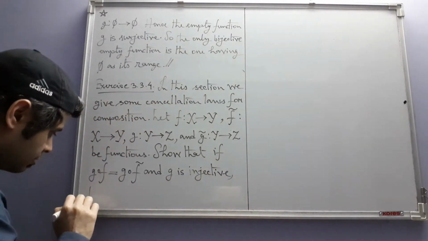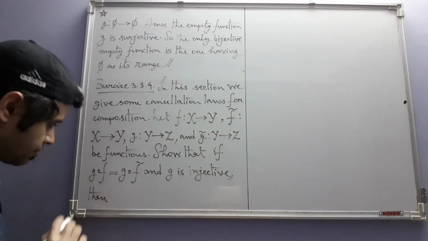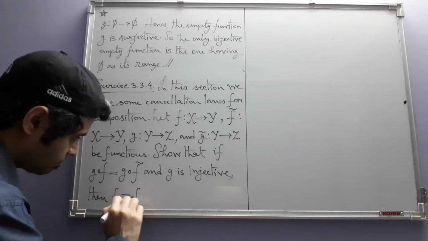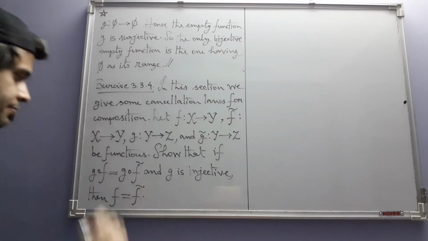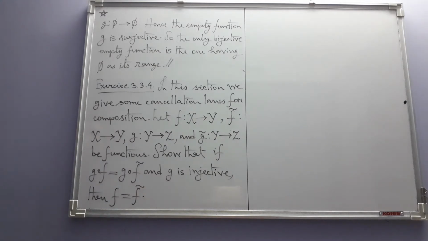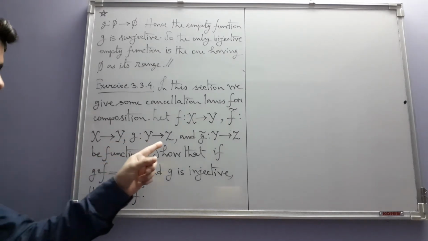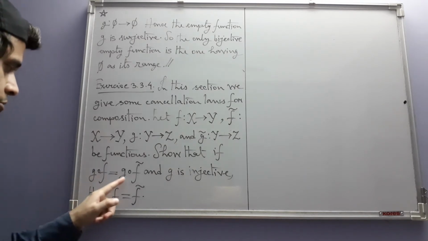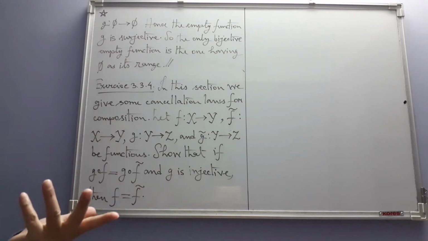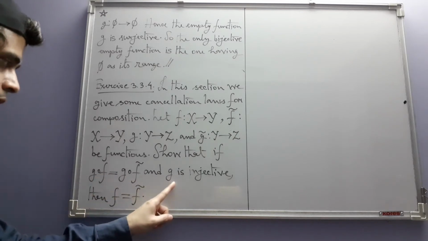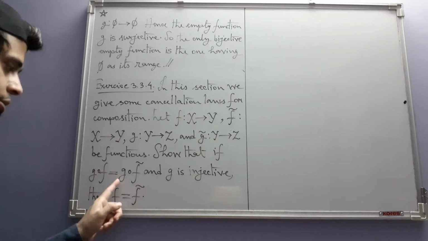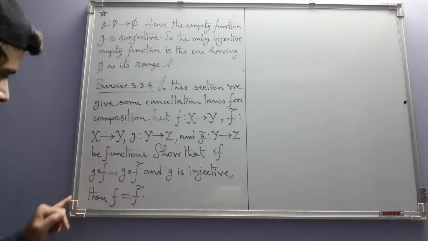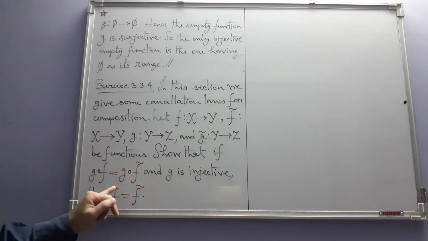Injective, then f is equal to f tilde. Okay, so we have four functions and it is given that these two compositions are equal, and additionally that the first function, the one on the left side, is injective. Then we can cancel this function from both sides of this equation.